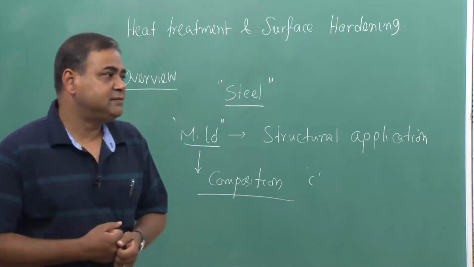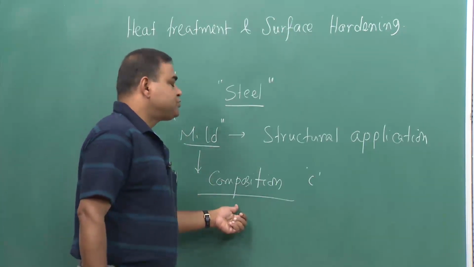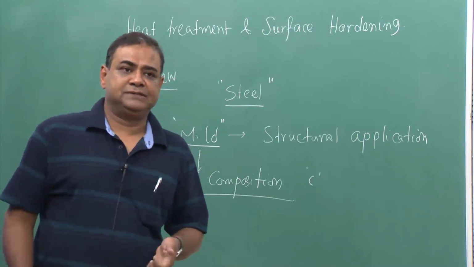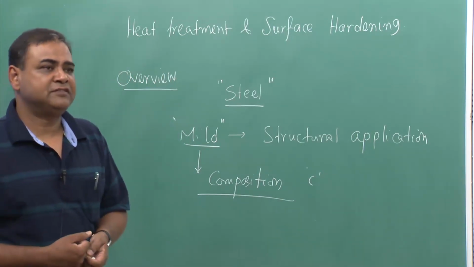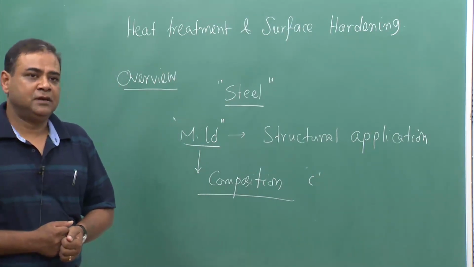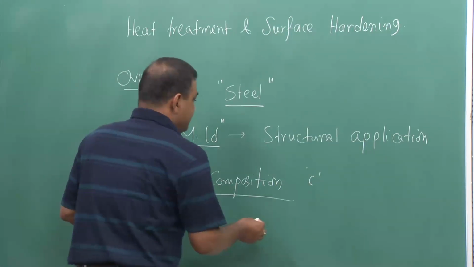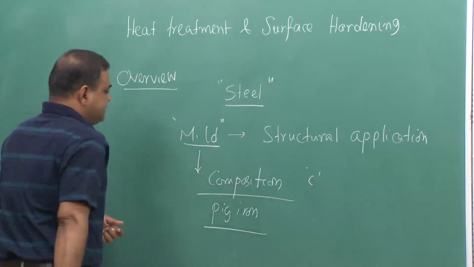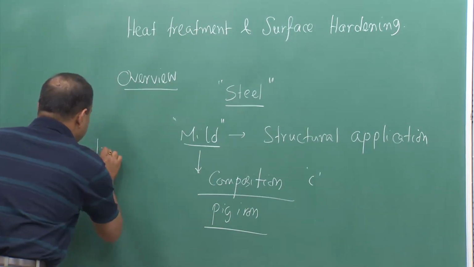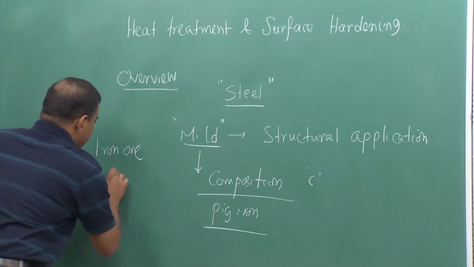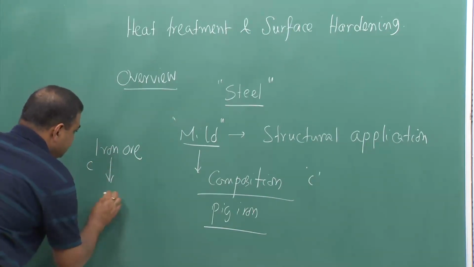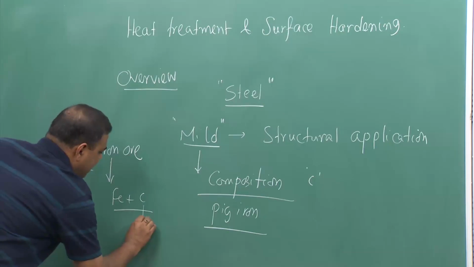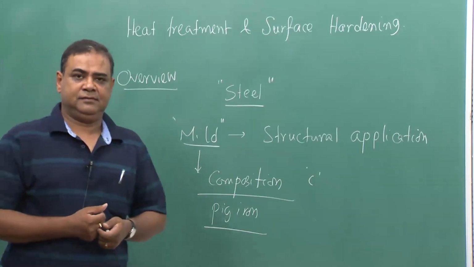Because that carbon is used during reduction, which is very popularly known as the blast furnace process, the product is nothing but pig iron. This pig iron is coming from iron ore and reduction by carbon, then you are getting iron plus carbon, and this carbon content would be very high.